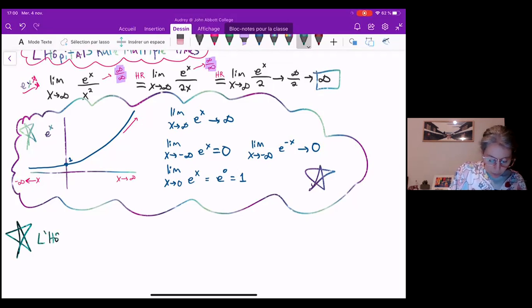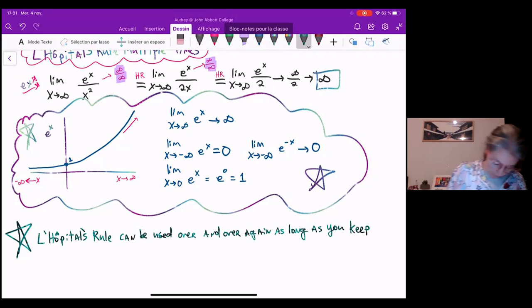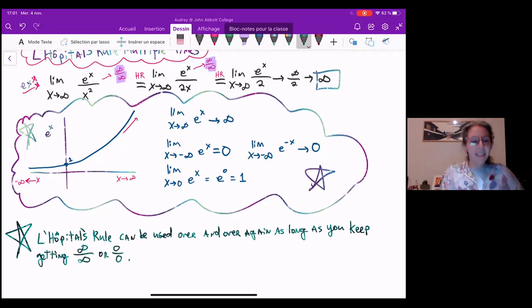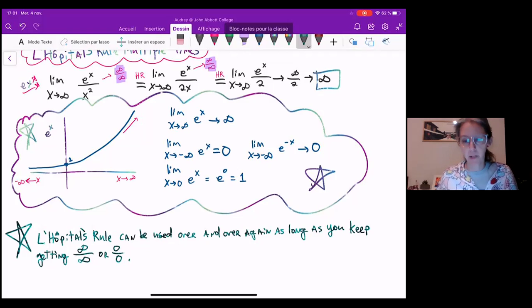So L'Hopital's rule can be used over and over again as long as you keep getting infinity over infinity or 0 over 0. The thing is, though, that just because you can use it again doesn't mean that's always the best plan.